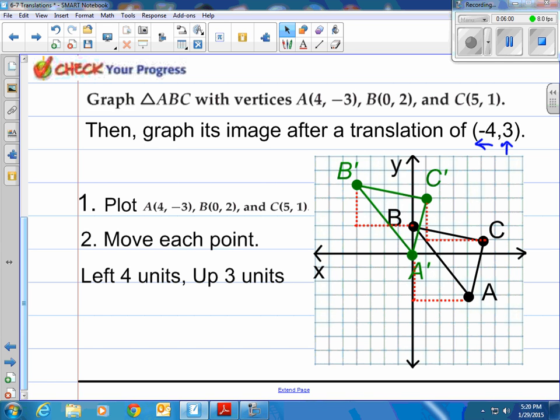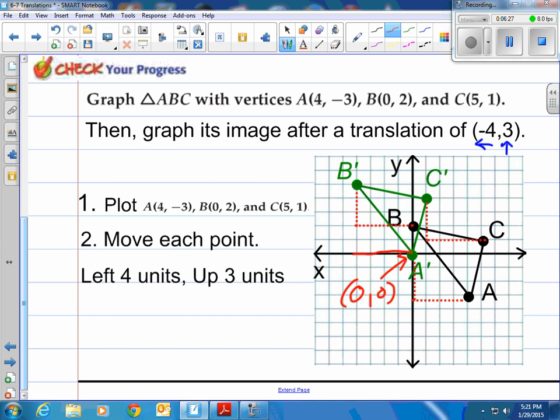And what are those coordinates then? Well, let's take a look. A prime, what would that be? A prime would be 0, 0. How about B prime? B prime is going to be coming from the origin 1, 2, 3, 4 to the left.